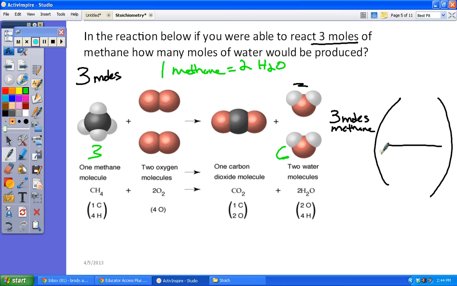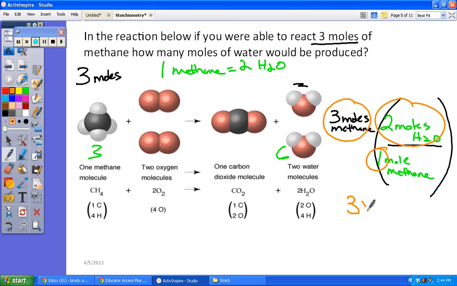So we put 1 mole methane on the bottom, and that's equal to 2 moles of water. Now, just like we've done a million times before with these conversions, we take the value 3, multiply it by 2, and divide it by 1. So 3 times 2 divided by 1 equals 6, which is what you saw here anyway.